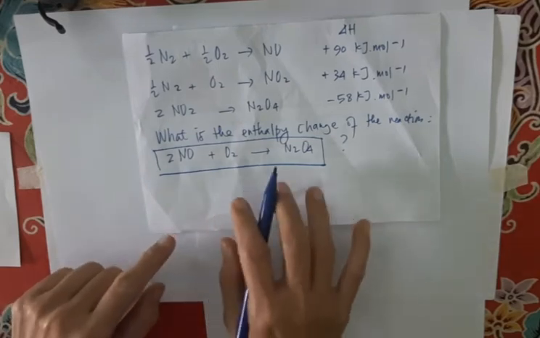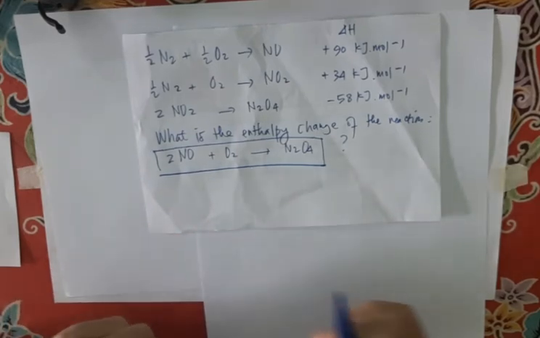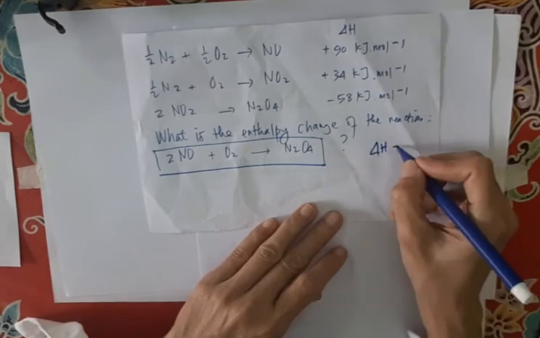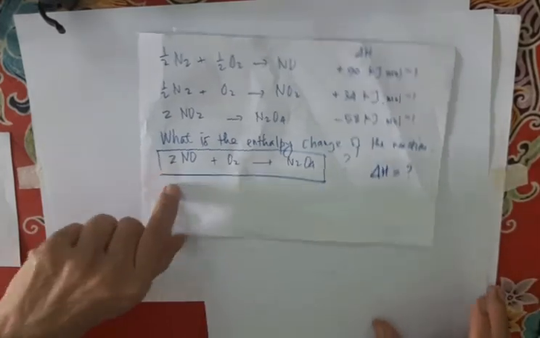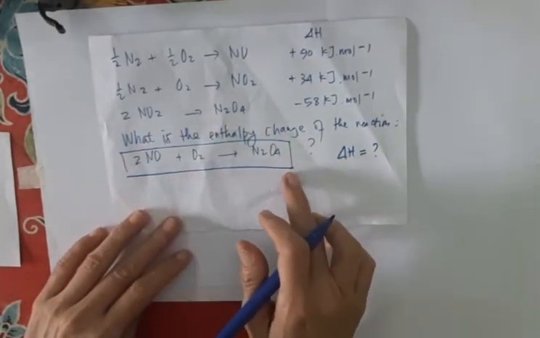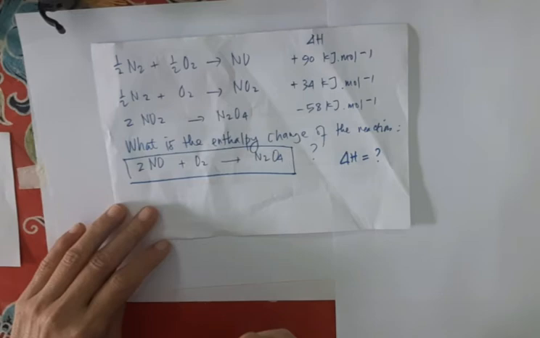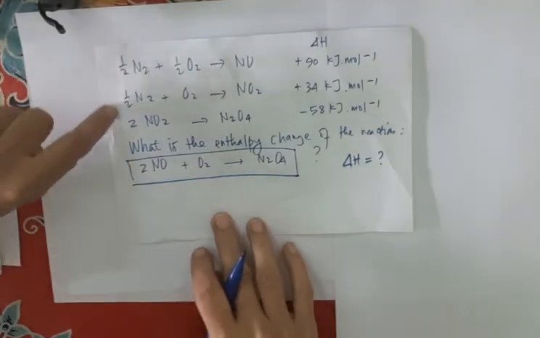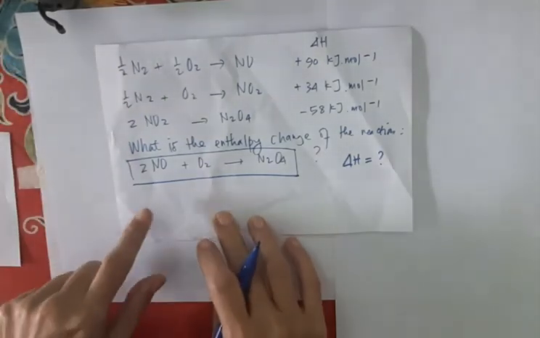We already have the thermochemical equation with unknown delta H, right? Our focus is here now, and recognize substances that appear only once in these three equations.